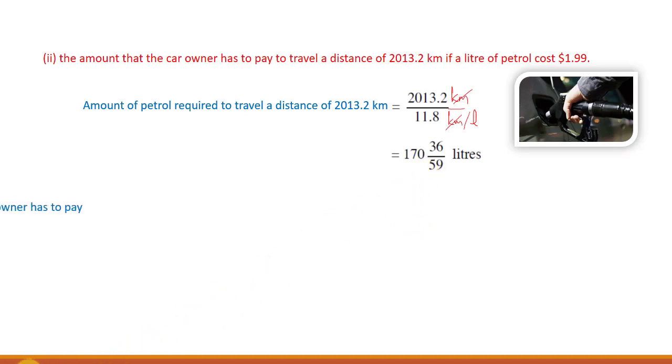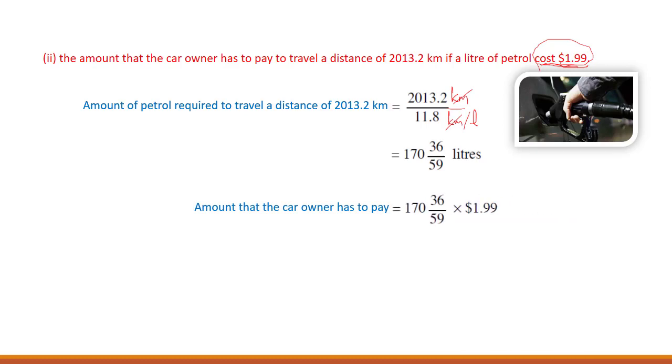Now in the next step, we will calculate the amount that the car owner has to pay. So we will multiply this amount of petrol in liters with the cost that the owner has to pay, and this cost is $1.99.